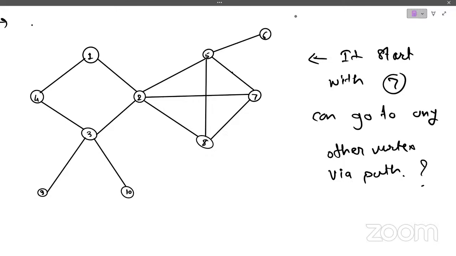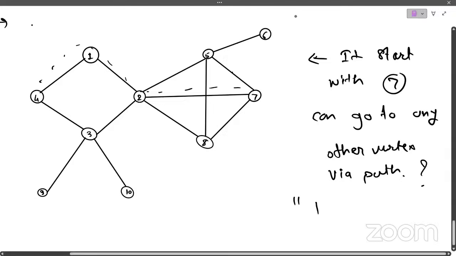Yes, ma'am. Yes, obviously you can go, because every vertex has a path from 7. These types of questions are known as reachability questions.